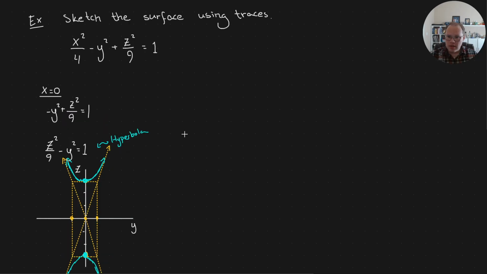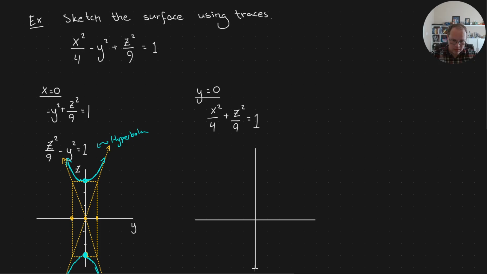Let's look at the plane where y is 0. So if y is 0, that would leave me with x squared over 4 plus z squared over 9 equals 1. So now I'm looking at the xz plane. And here's my x-axis, here's my z-axis. I'm going to move 2 units out in each direction on the x from the center, which is the origin.